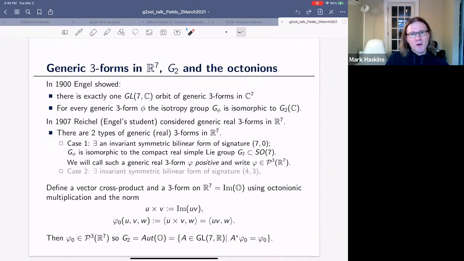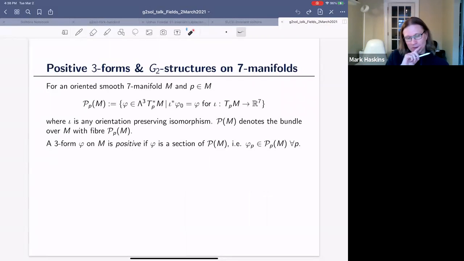Okay, so that was just a very quick review of where G2 and 3 forms come in and what the link to special properties of dimension 8 and the octonions is. If we want to ask what special structures on 7 manifolds arise because of the presence of this group G2, the simplest thing is just to insist that you have this structure at every point.